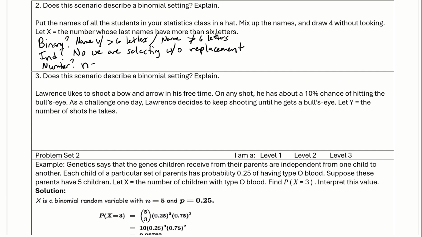And then the number here is constant. We have 4 trials. And then same probability: in this case, yes, the probability of success for a particular trial is the same.